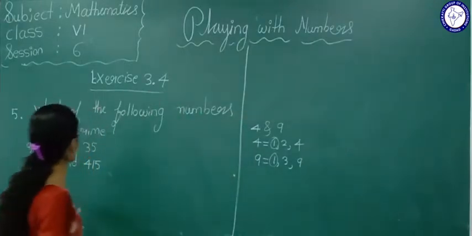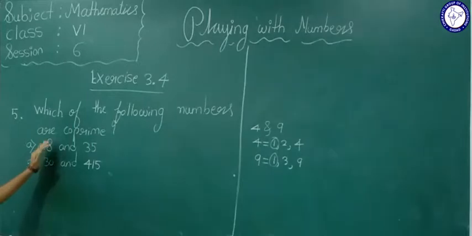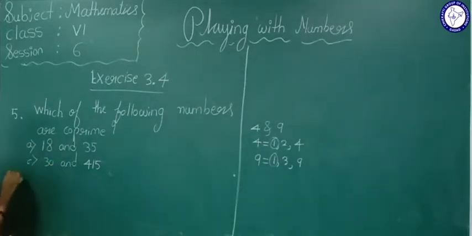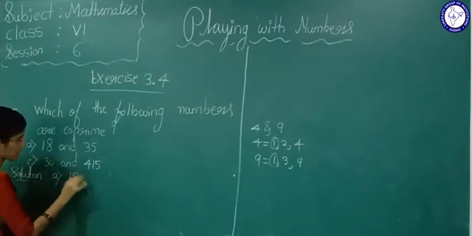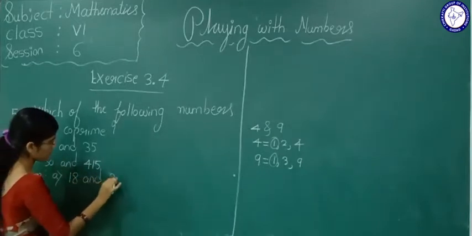Now see here, they have told which of the following numbers are co-prime. We have to check whether these are co-prime numbers or not. See a solution. First, 18 and 35.